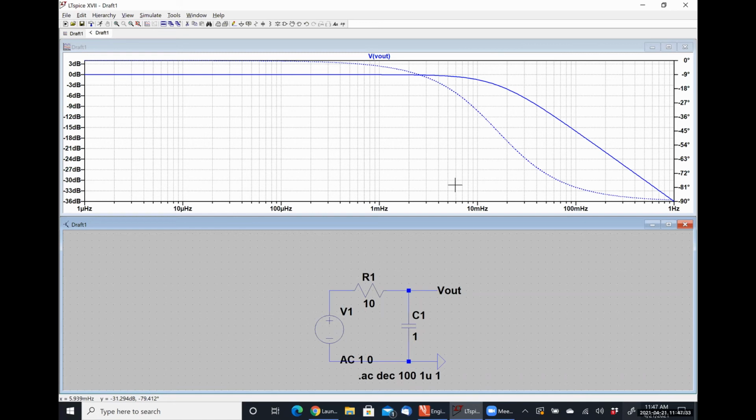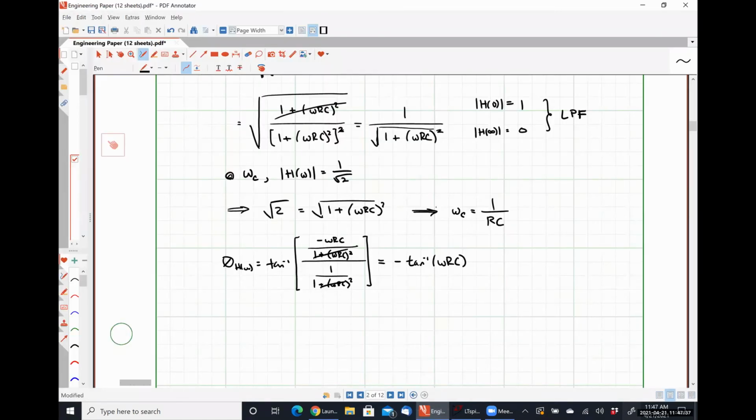Now, one thing that I want to point out here, just to be clear, the frequency that we are getting here is an angular frequency. The frequency that LT Spice gives us is a linear frequency. So I'm going to go ahead and say then that FC, my linear frequency, is just omega C divided by 2 pi.